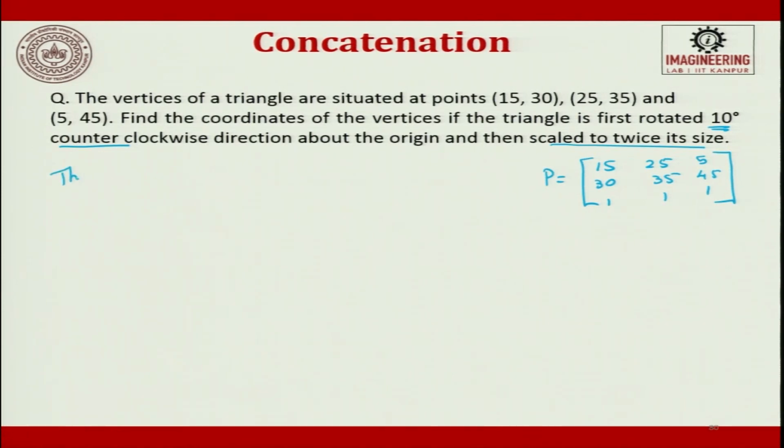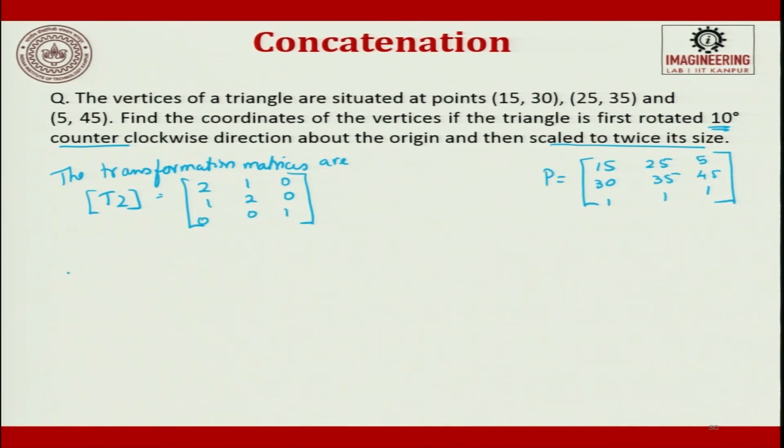So, the transformation matrix is equal to, we are scaling twice, right. So, 2, 0, 0, 0, 2, 0, 0, 0, 1. Okay. Then T1.